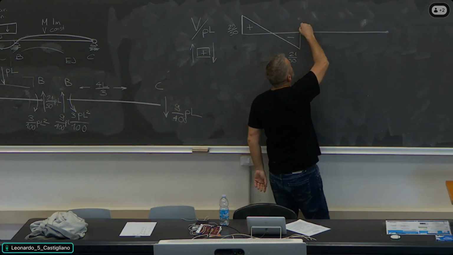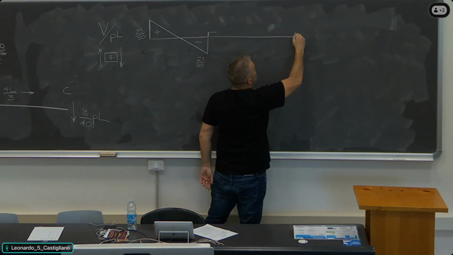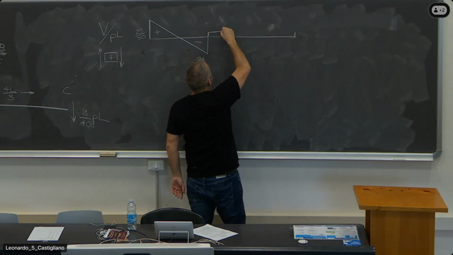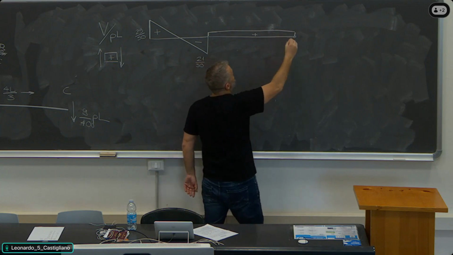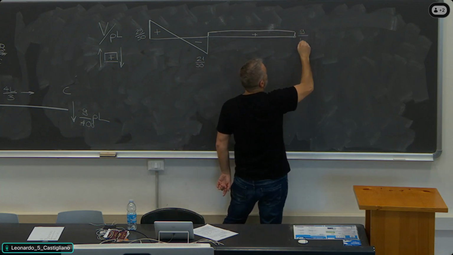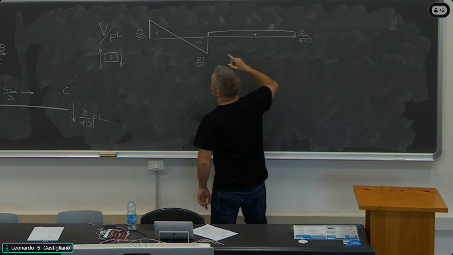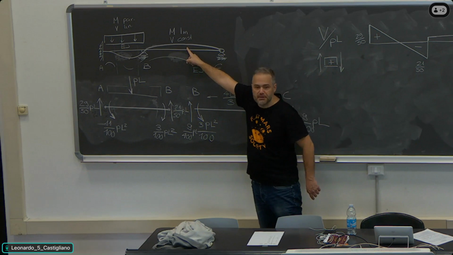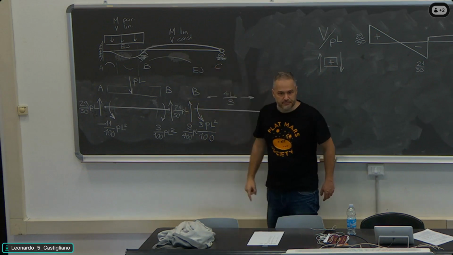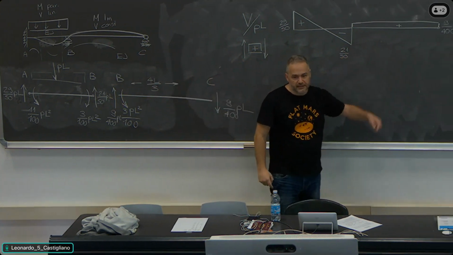So on the second span, we have the same value at both ends. In the middle, it's constant. This is all positive with a value which is 9/400. And as you see over there, I knew from the beginning that the shear force would be constant on this span. That's what I got.